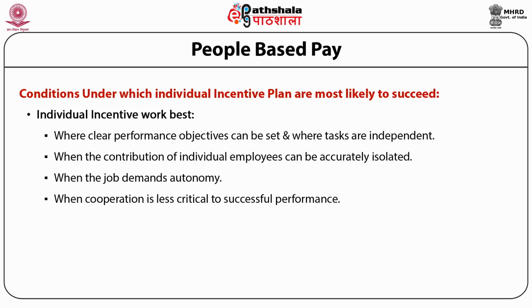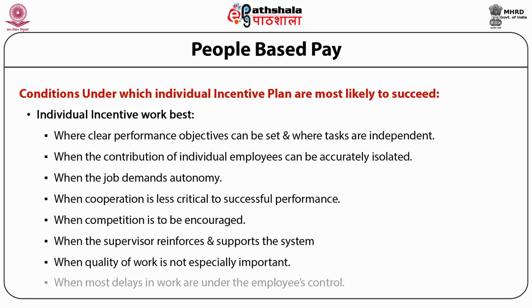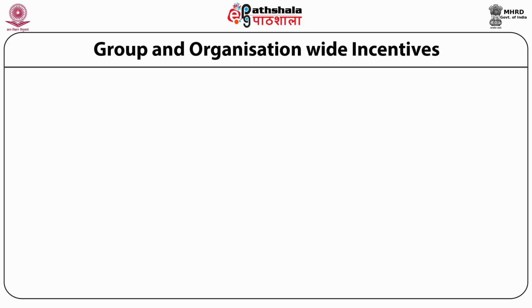Fourth, when cooperation is less critical to successful performance. Fifth, when competition is to be encouraged. Sixth, when the supervisor reinforces and supports the system. Seventh, when quality of work is not especially important. Eighth, when most delays in work are under the employee's control.